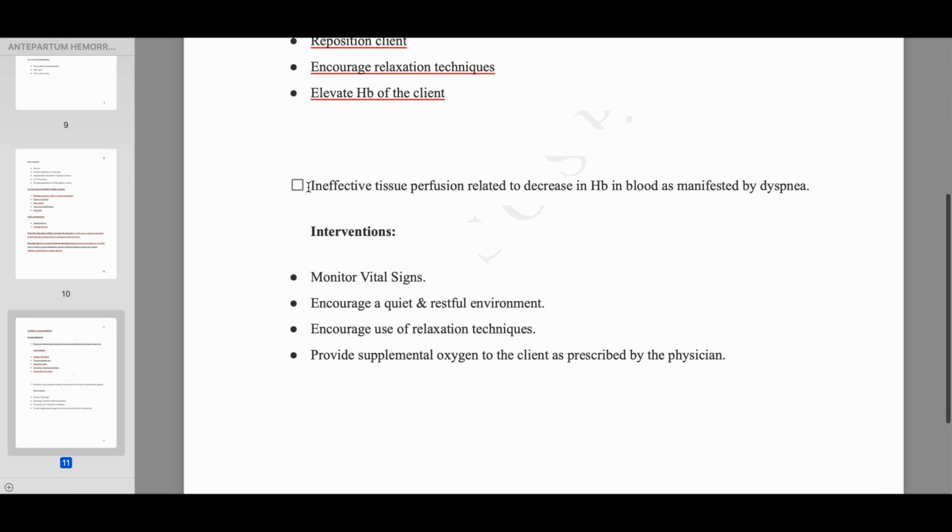Next is ineffective tissue perfusion related to decrease in HB in the blood, as manifested by dyspnea. Interventions are monitor vital signs, encourage a quiet and restful environment, encourage use of relaxation techniques, provide supplemental oxygen to the client as prescribed by the physician.